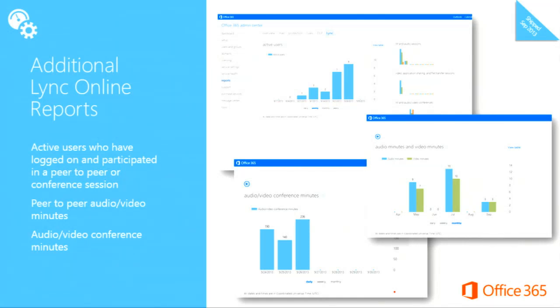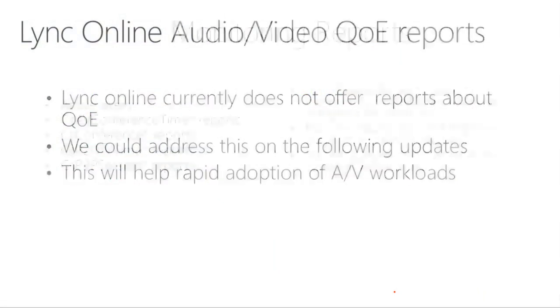In the future, we will be able to add that information because it's going to help us a lot to again review what was the experience on that call, whether a peer-to-peer call or a conference call. Okay, so we don't offer those QoE reports. In the future, we can address that.